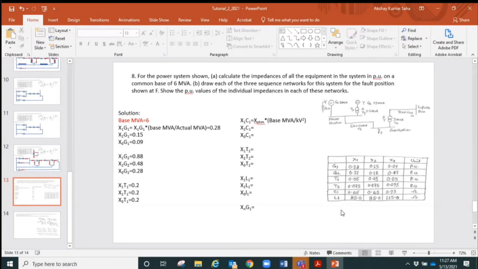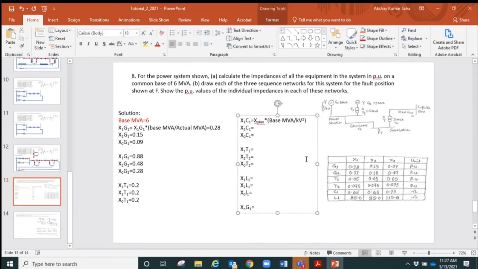Because it's given in ohm, it's not in per unit in the first place. I'm getting 0.12 for X1C1. Actually 0.108. I rounded off to 0.12. You have no right to round it off. You must know this. So it's 0.108.